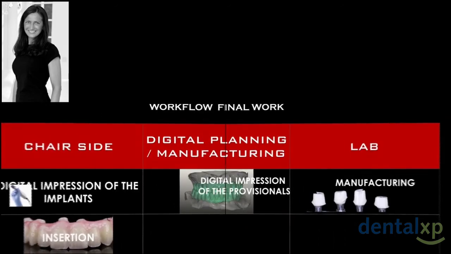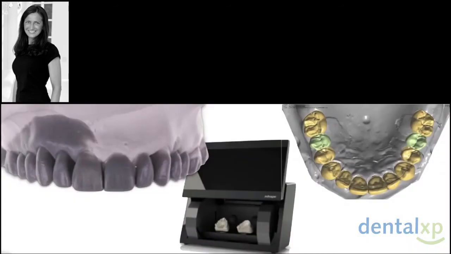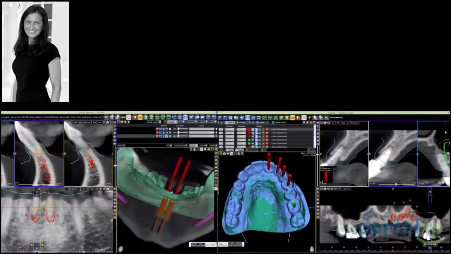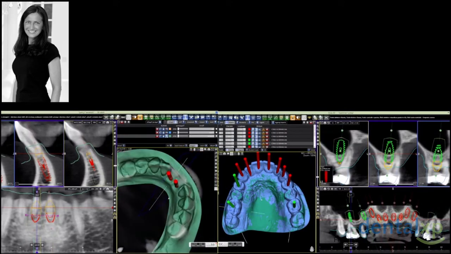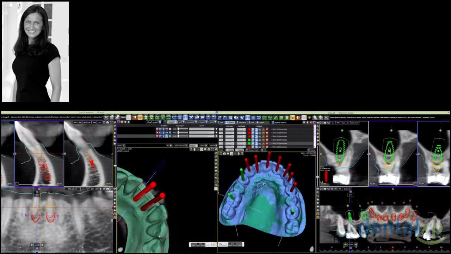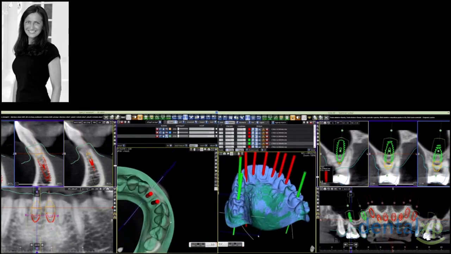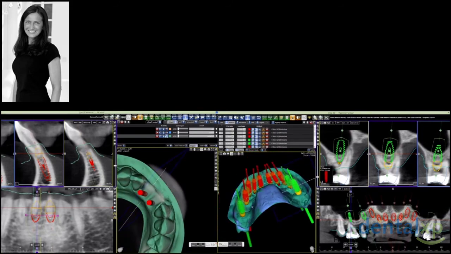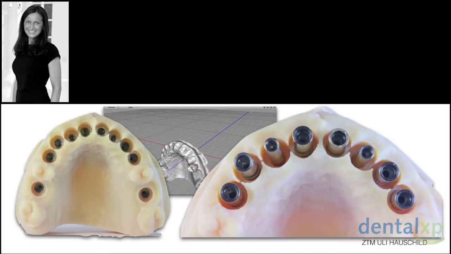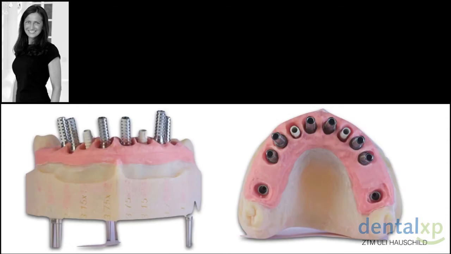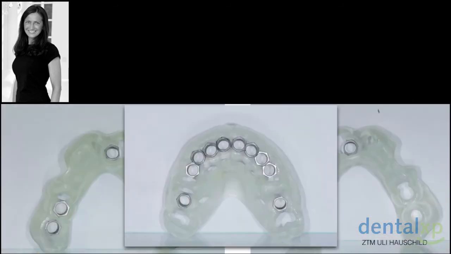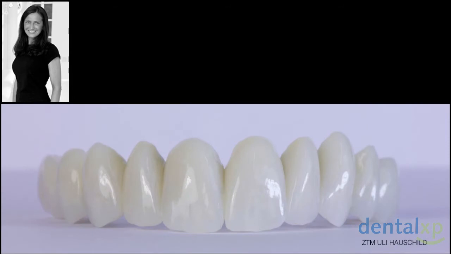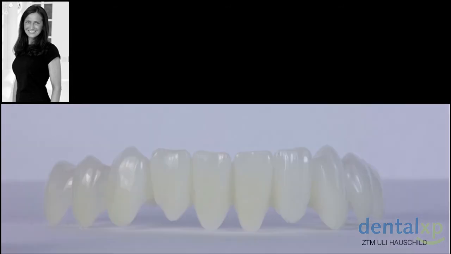And following the digital workflow, we scan the models, we plan then the implants, the adjacent implants too, and here the skill and the knowledge of the clinician is very important in order to place the implant in the right position. Based on that planning, we get models and all the screw-retained parts and also the final parts which we need for the patient, the surgical guide, the provisional, upper and lower.